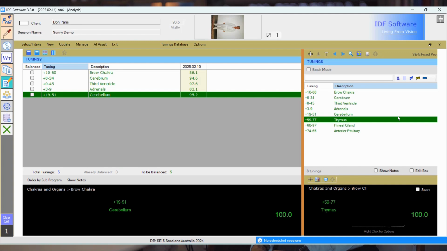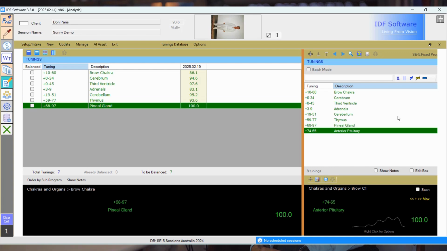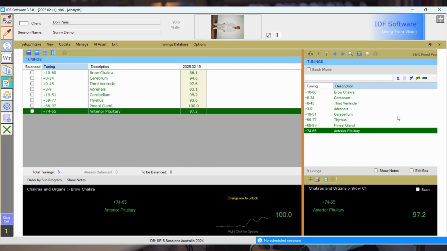Thymus, also in the 90s, pretty good. Pineal gland. Oh, that's up at like 100. I got a stick right away. And then the anterior pituitary. Let's get started again. Okay, now we're done with that whole section.